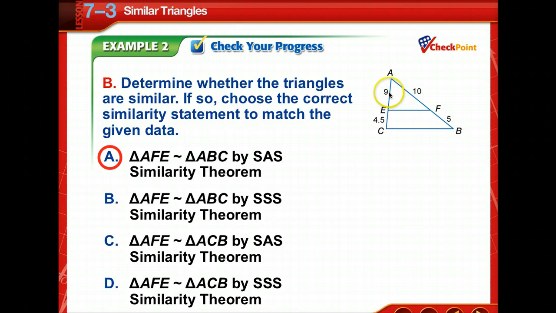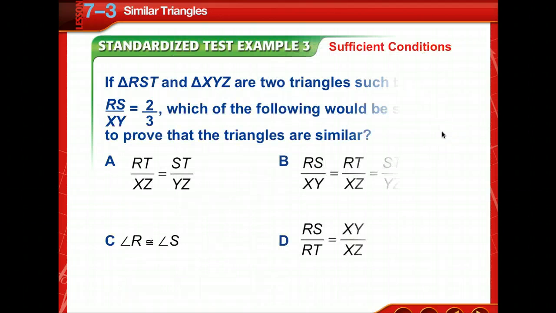But if you notice, we've got a number and half that number, a number and half that number. So 9 divided by 13.5 is 0.66 repeating, and 10 divided by 15 is also 0.66 repeating. Now you can decide what is sufficient to prove that two triangles are similar.